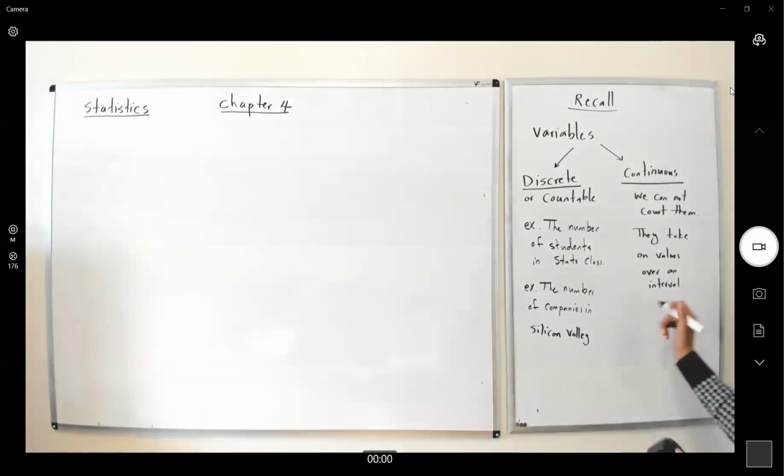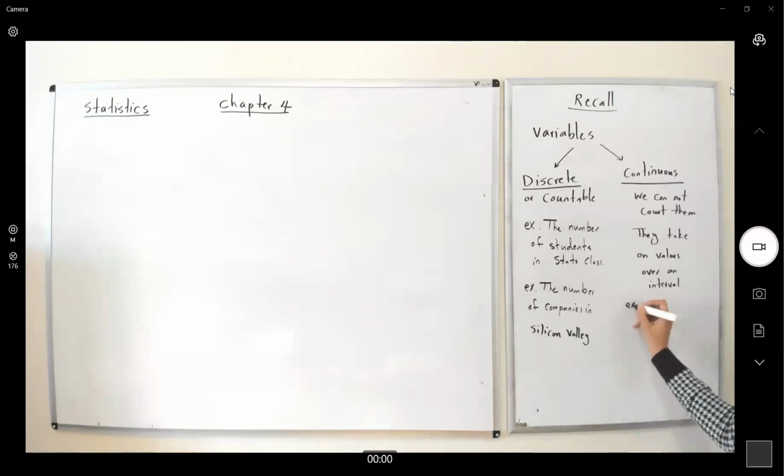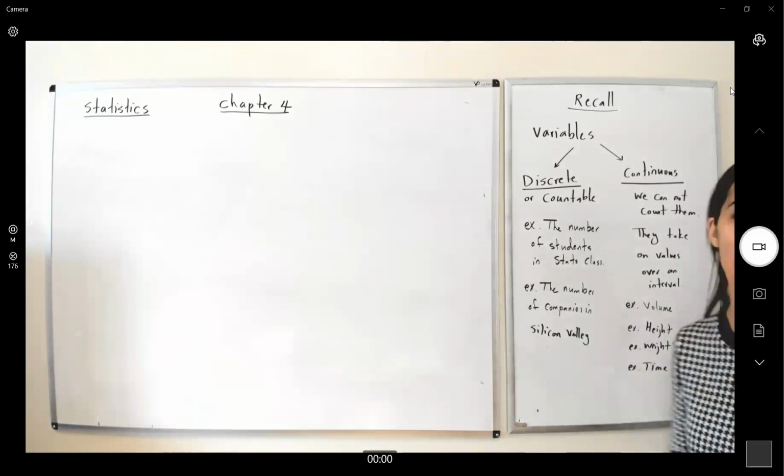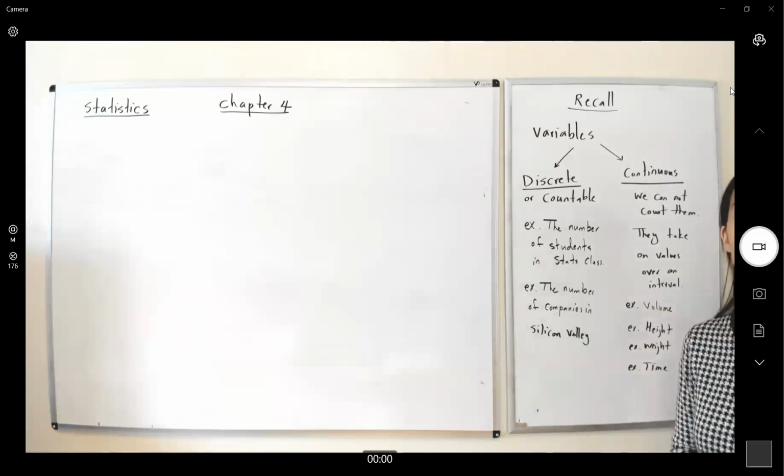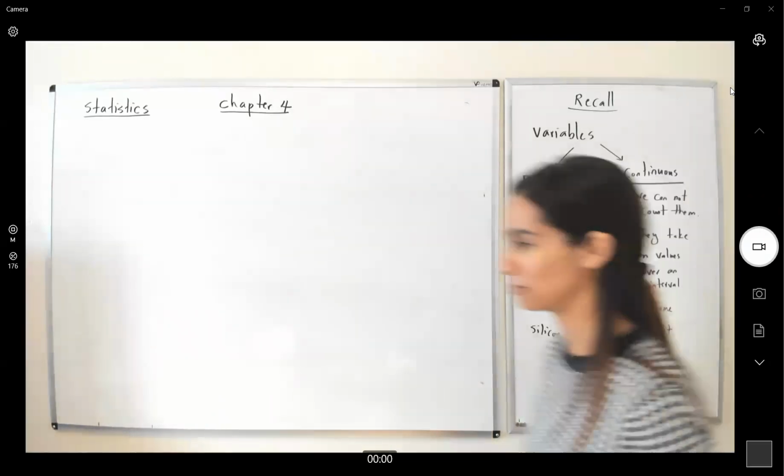For example, volume. For example, height. For example, weight. For example, time. And so on. It's impossible to count them. So this is just an example of a continuous variable.